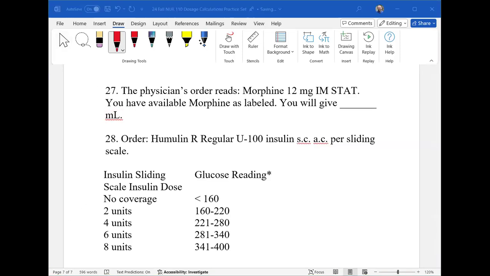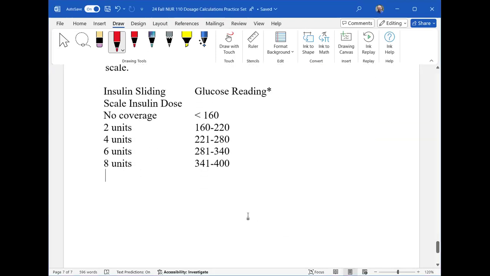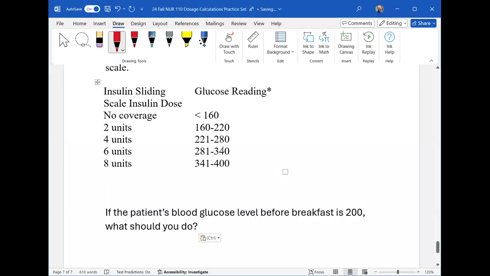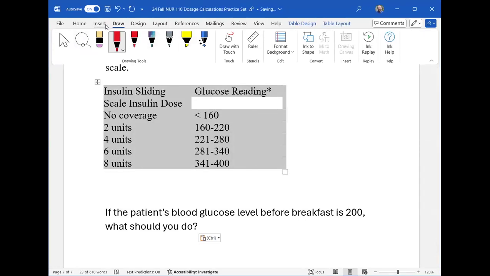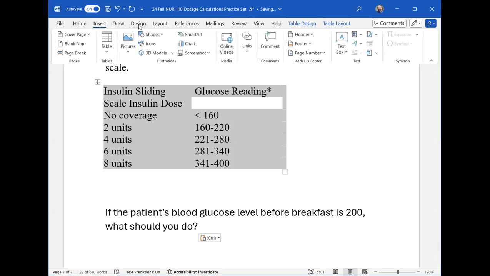Pull that up. Give me one moment. So this is typically going to show up as a graph. So it's even here. I just need to include my lines. Let's see if I can get them in there.